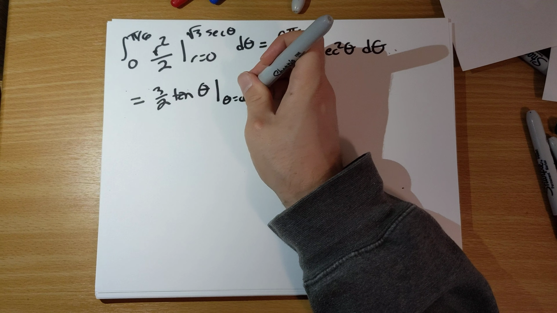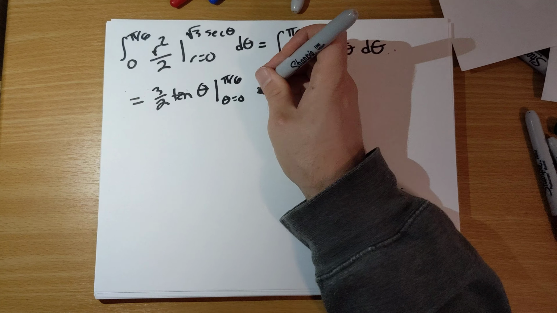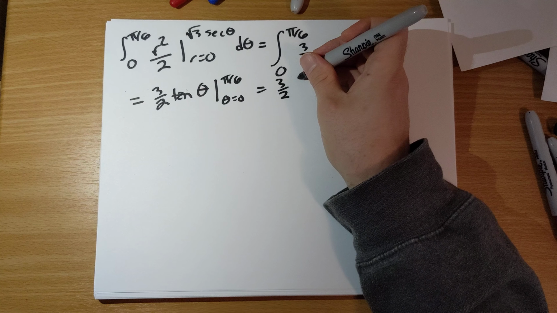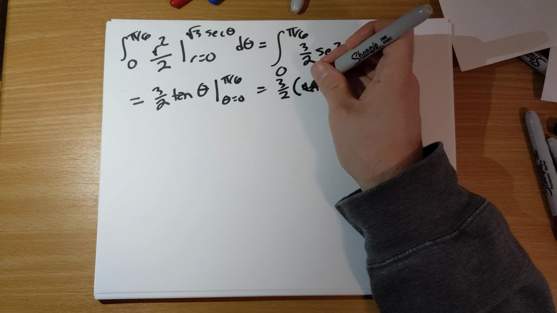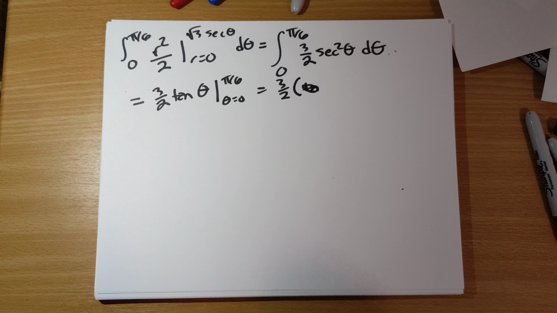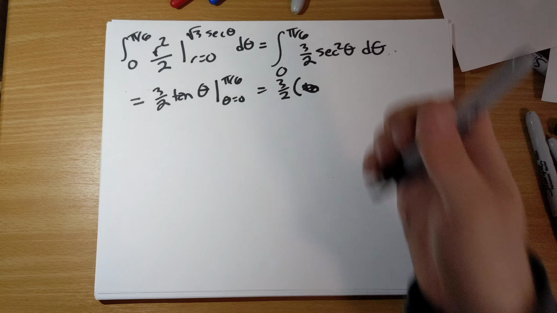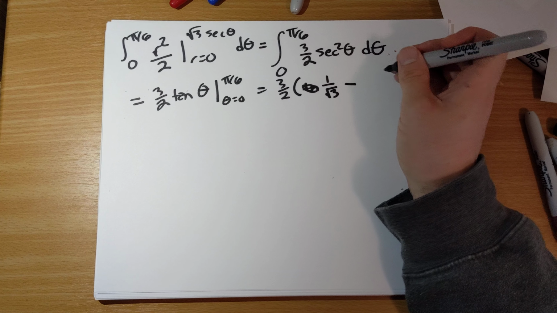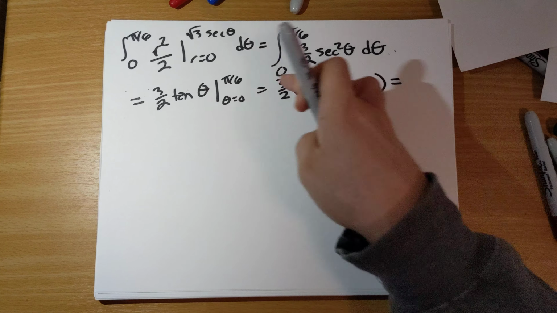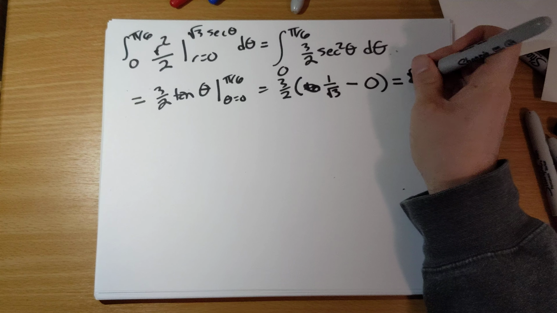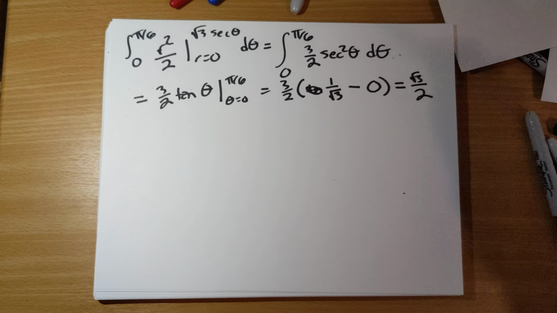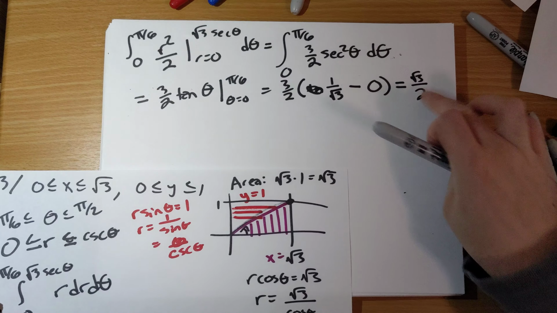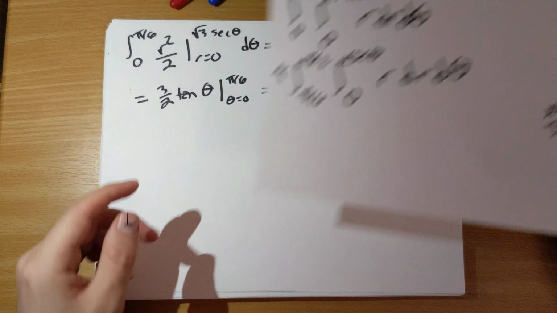Plug in theta from 0 to pi over 6: 3/2 times tangent of pi over 6, which is 1 over square root 3, minus tangent of 0, which is 0. When you simplify this, you get square root 3 over 2. This is what we should get, because our overall area should be square root 3. We just found the area of half of it, square root 3 over 2.